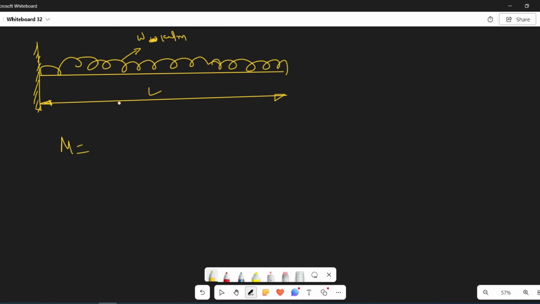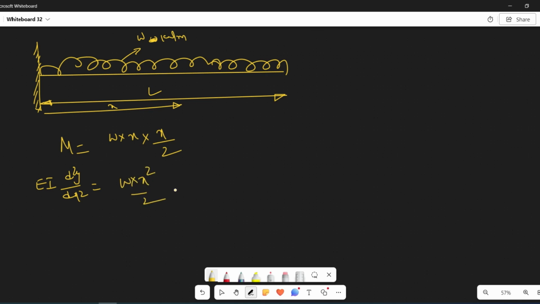Do it. Let us consider the value of x in this direction. Now the bending moment will be given by W into x, which gives the magnitude, multiplied by x by 2. So equal to W into x square by 2.